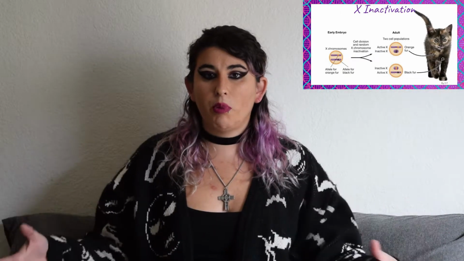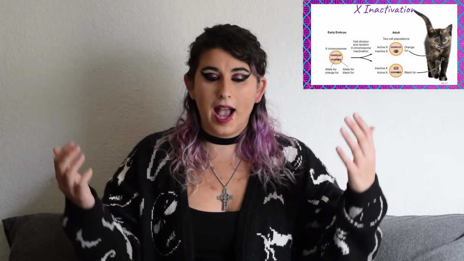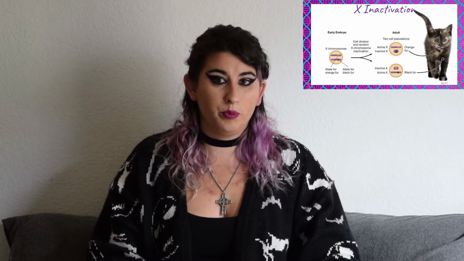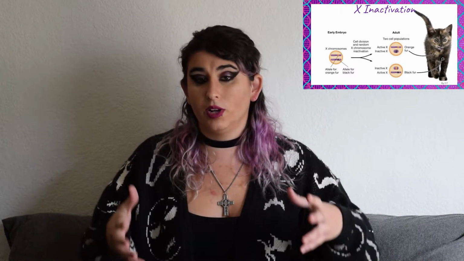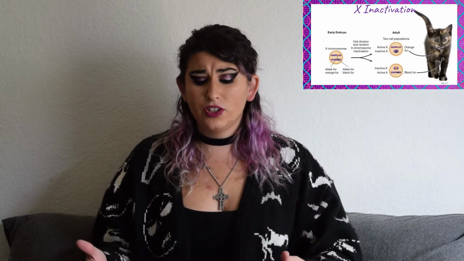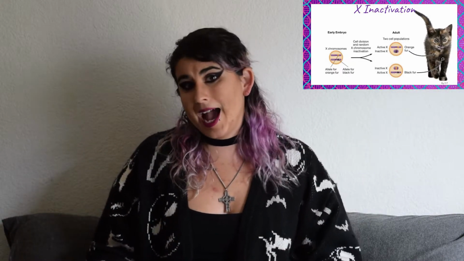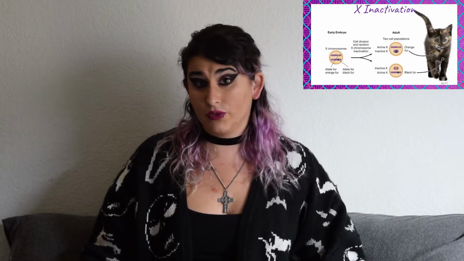We get these little populations of cells that carry either the active chromosome being the one carrying the orange allele, or the active chromosome being the one carrying the black allele. And so it results in this lovely little orange and black patchy look. So just by looking at the cat, you can know which chromosome is active in which areas based on the color of the fur there.